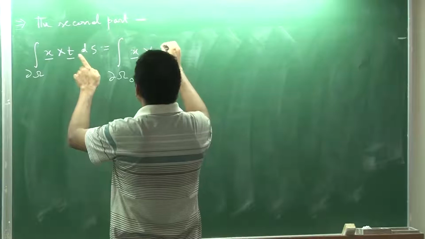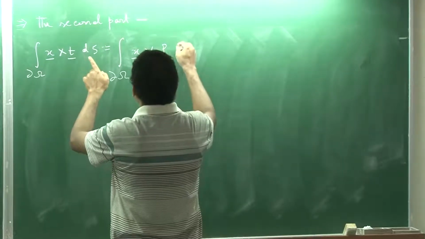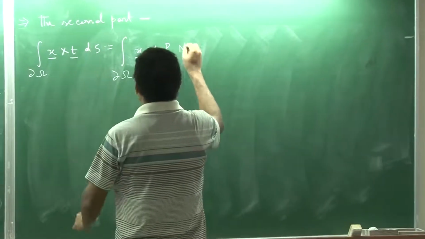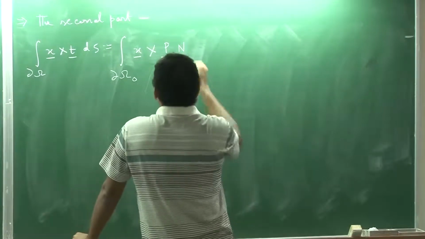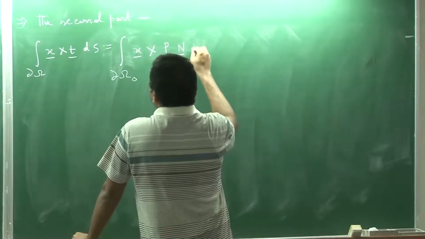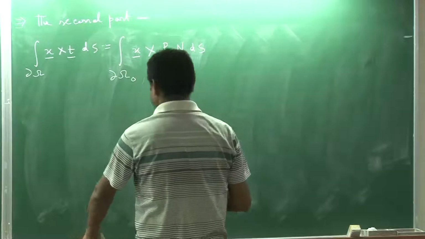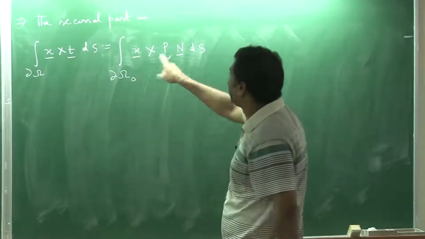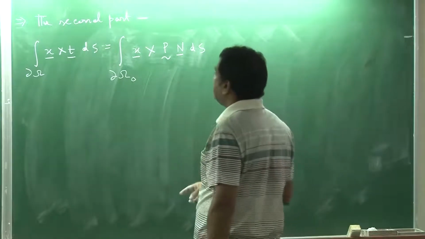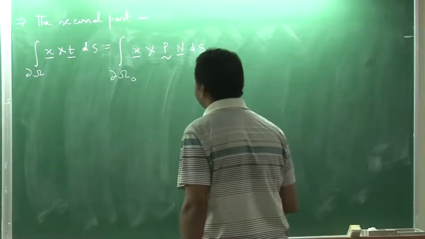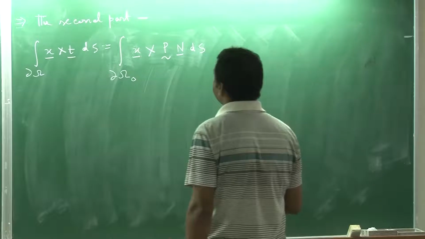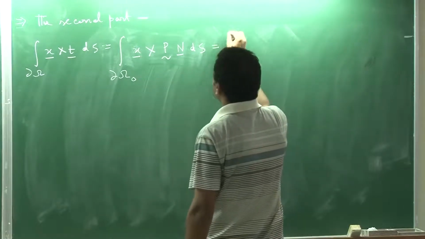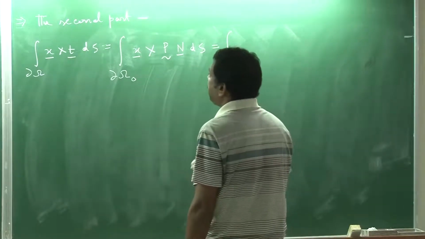Traction vector in respect to the undeformed configuration will be p, and then it will be P n bar ds, right? You understand that? P tilde, okay? Can we write like that? Yeah, sure, right? Now I will write everything.